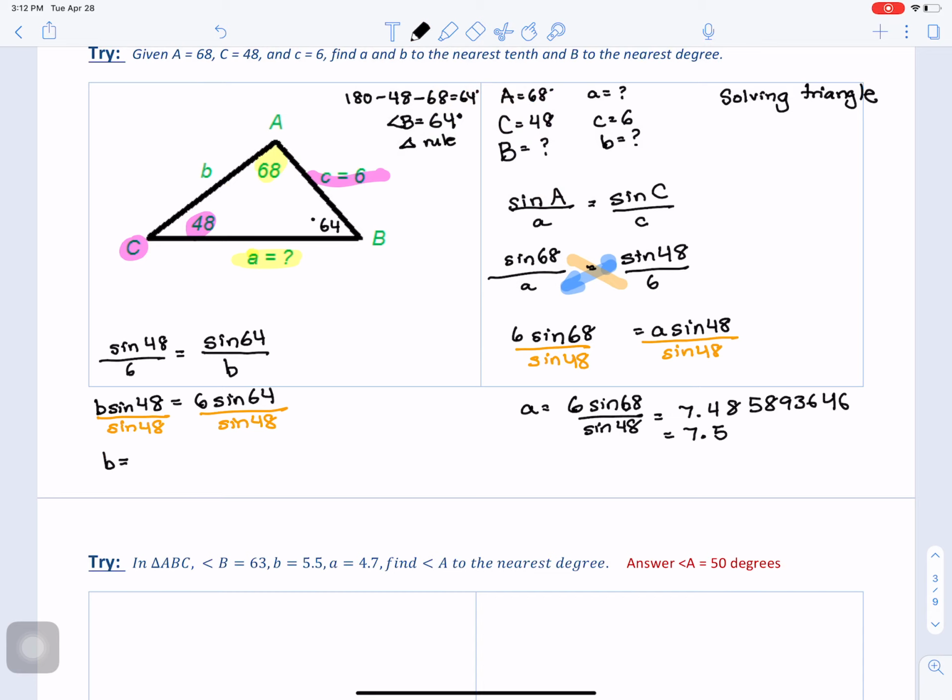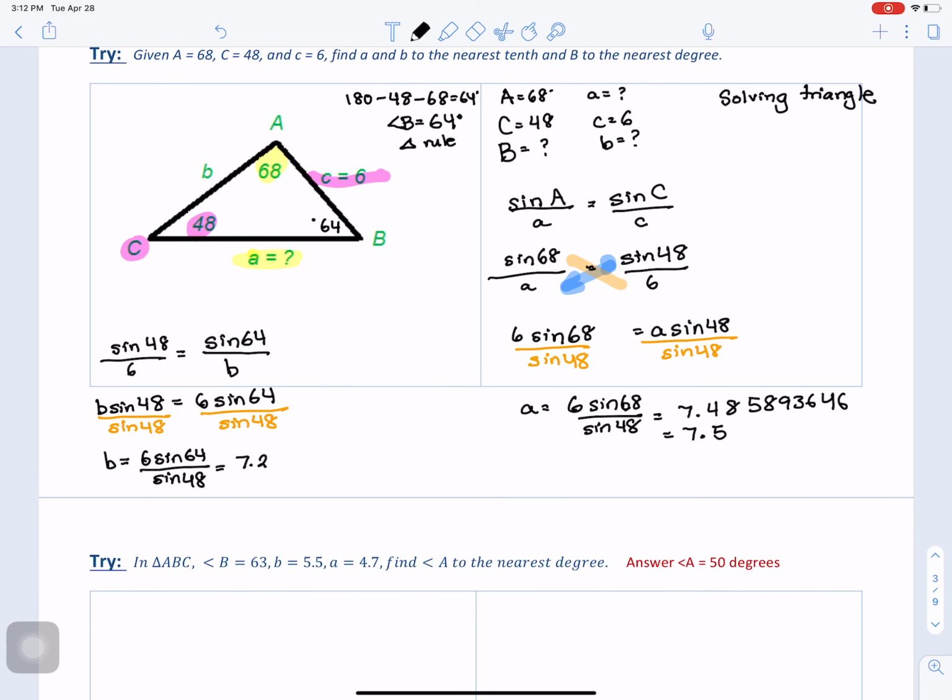So b is equal to 6 sine of 64 divided by sine 48, and that will give me my final answer. And so that value ends up being 7.256680115, and I round that to the nearest tenth, so that 2 gets rounded to a 3. So my side ends up being 7.3 centimeters.